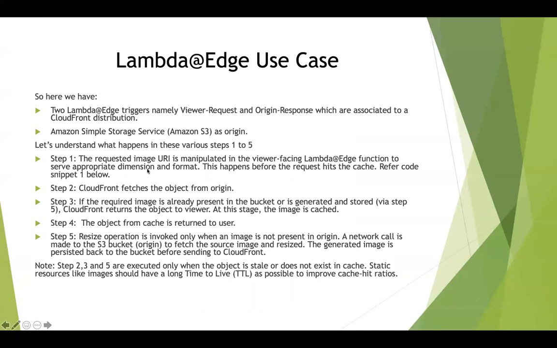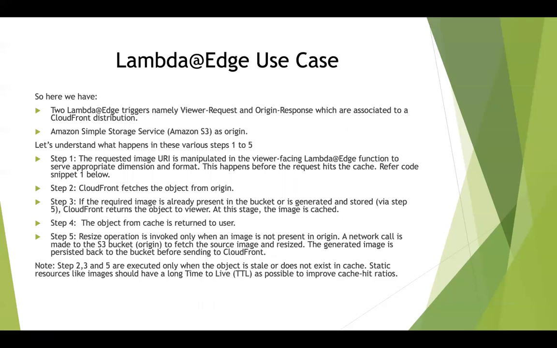If he is accessing from an Android mobile based browser, the appropriate dimension of that image is going to be altered. The URI is going to be altered. If he is accessing from a laptop, it's going to be around 500 into 500 pixels, and when it's from a mobile, it's going to be 100 into 100 pixels.